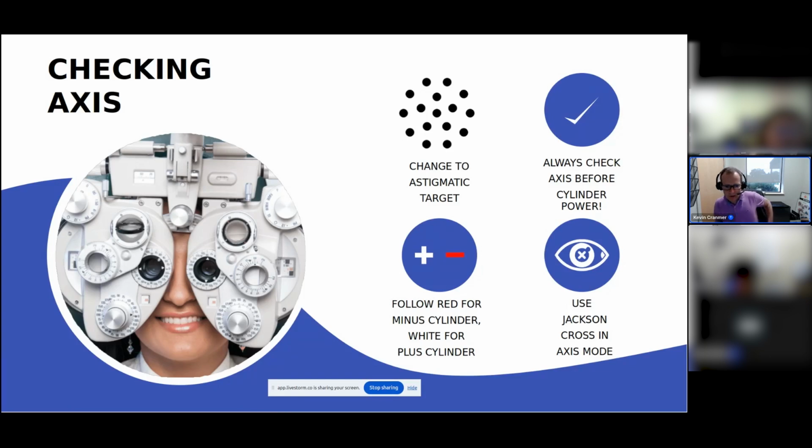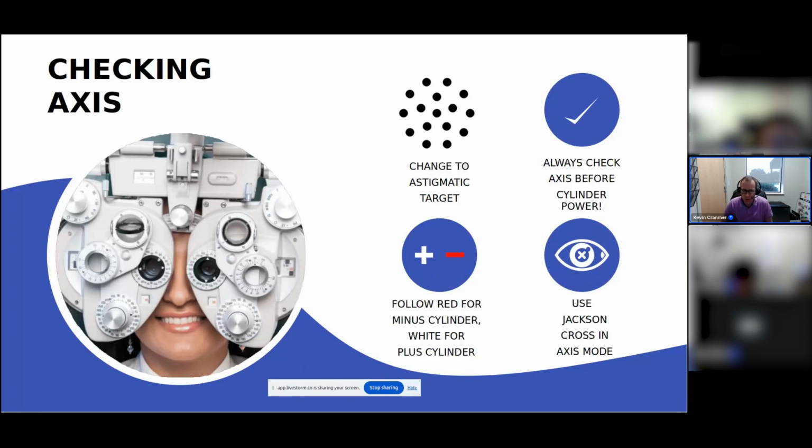The reason for that is that if the eye has astigmatism, then images will look clearer in one direction than another. If you have someone with astigmatism in, say, the 90-degree meridian, which is straight up and down, or the 180-degree meridian, which is horizontal, lines will look different depending on what direction they are.